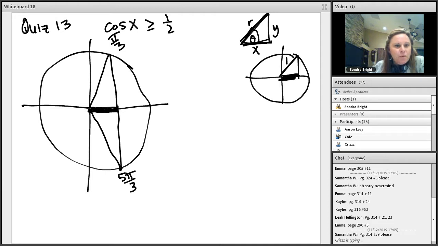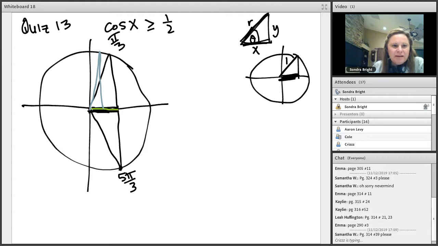Now, what they're asking you is, when are the sides of your triangles larger than 1/2? When are they longer than this little section right there? Well, if you drew a triangle closer to the y-axis, right? Well, your cosine side, that adjacent side of the triangle, is shorter. It's less than 1/2, so you don't want to go that way.